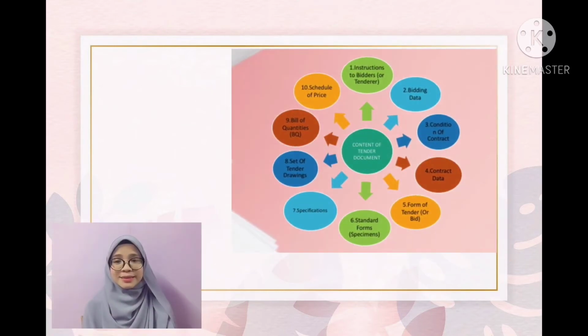Now, these are the 10 contents of the tender document: instruction to bidders or tenderers, bidding data, conditions of contract, form of tender or bids, standard forms, specification, set of tender drawings, bill of quantities, and the last one, schedule of price.